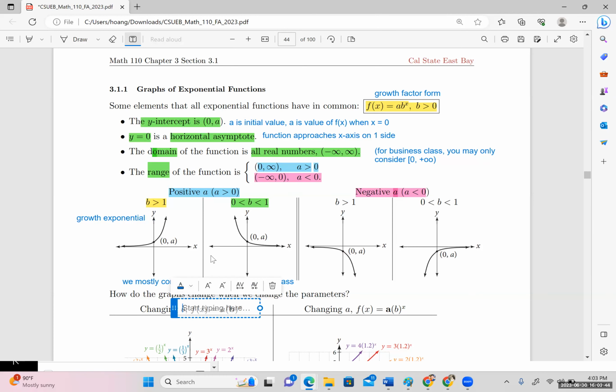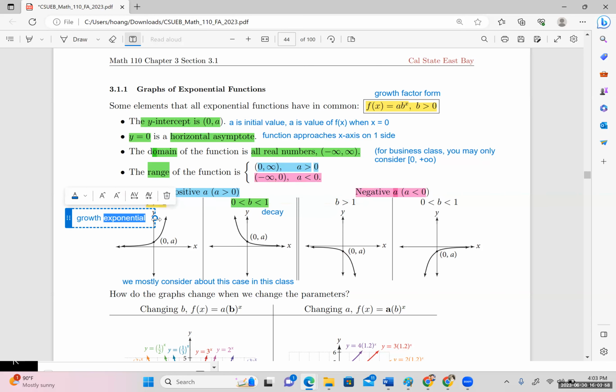For the case that b is between 0 and 1, you have decay exponential. Or maybe I'll just say grow and decay, but that's more space.